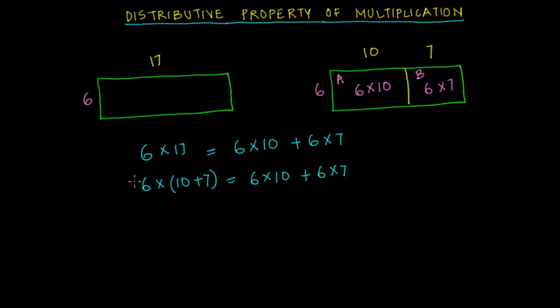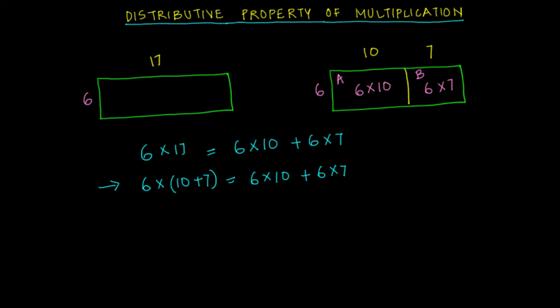This is called the distributive property of multiplication over addition, which means when you have 6 times parentheses 10 plus 7, you can do 6 times 10 plus 6 times 7.